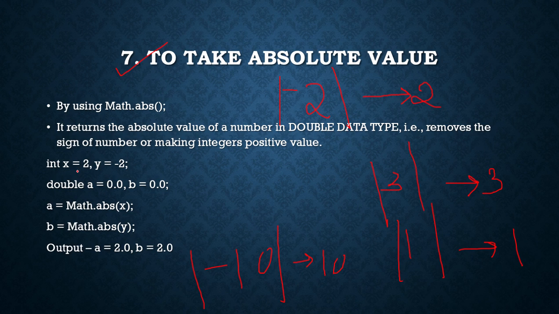That is, all the numbers will be expressed as positive numbers. Removing the sign of a number means making the value a positive number. For example, int x equal to 2, y equal to -2. And I wrote a is equal to 0.0, b is equal to 0.0. I want to store the absolute value of x in a, absolute value of y in b.